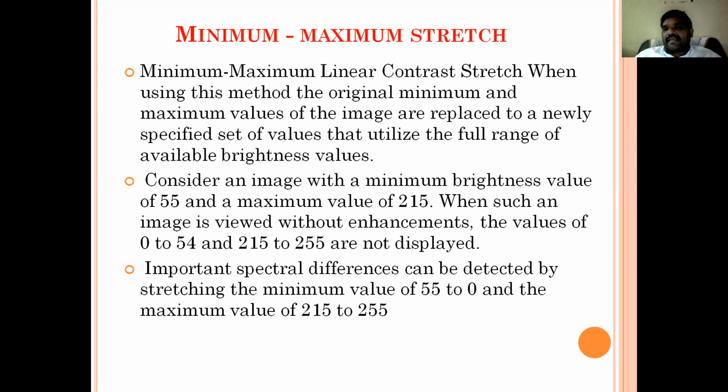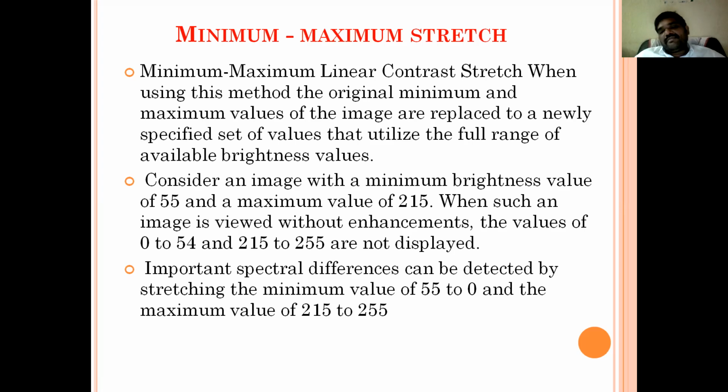In these constraints, if I want to expand the contrast, I can go for 55 to 0, and here I can go for 250 to 255 as there is availability, so that I can get the image with more clarity.